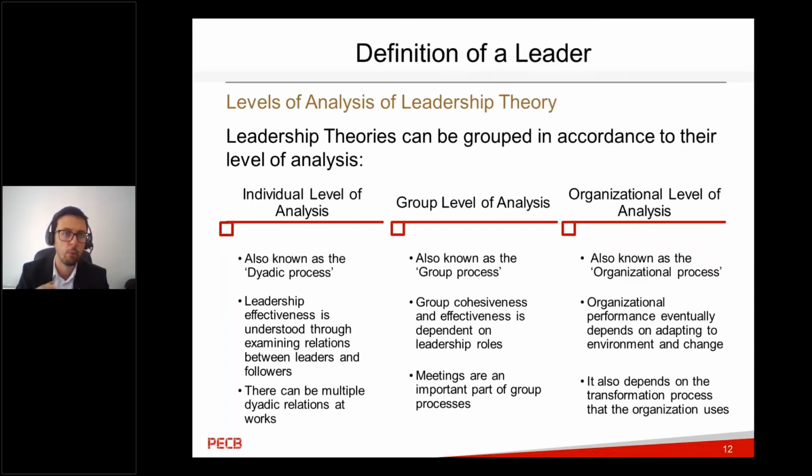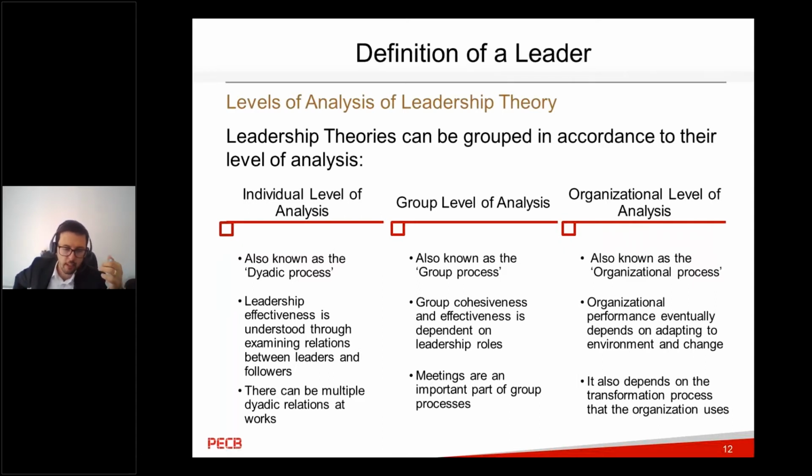Then we have a group level of analysis. When we talk about the group level of analysis, we talk about something that is also called the group process. So the concept that is involved in the group level of analysis is to find out what is the relationship between a single leader and the collective group of followers, or teams or groups, and how a leader relates to these people.